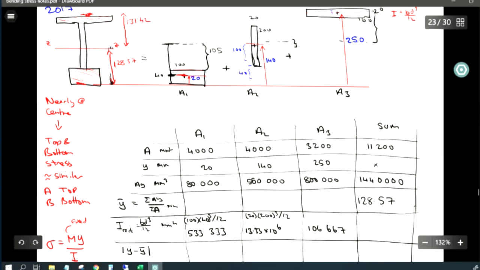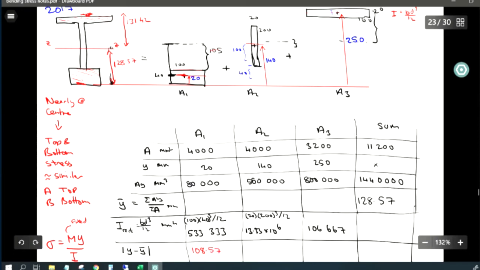Okay, so still we have this thing that's nearly in the center. Okay, so this is not 105 then, this is, so it's 128.57 minus 20 minus 100, so it is 128.57 minus 108.57.